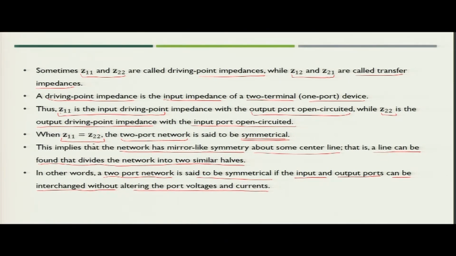Since Z11 and Z22 are equal, the network is symmetrical, and because the input driving point impedance for both sides is the same, the source or the voltage or current on both sides can be interchanged without any change in the circuit parameters.